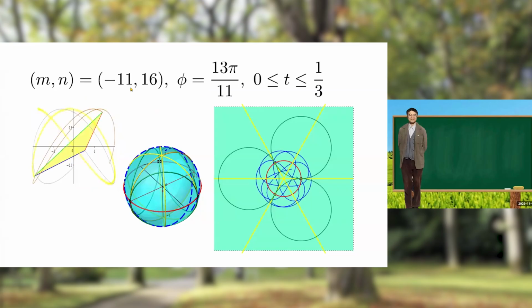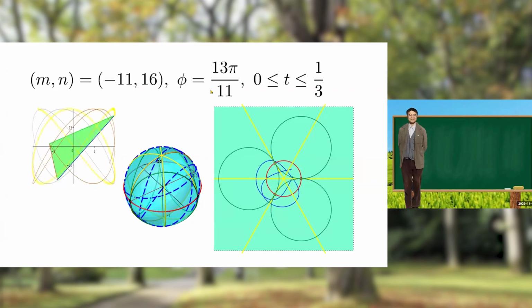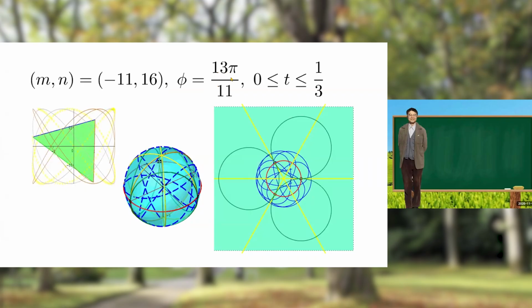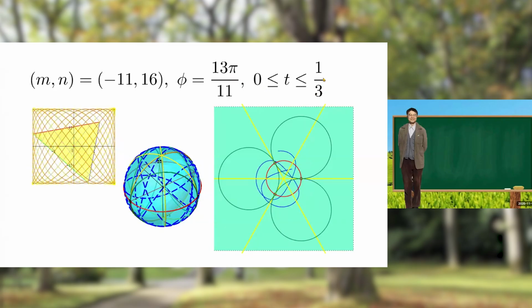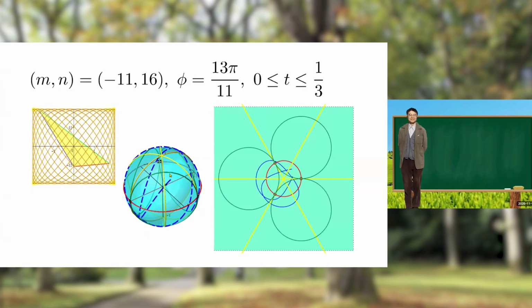In this case, the parameters are minus 11 and 16, the phase parameter is 13 pi over 11, and time runs from 0 to 1/3. Then the triangle dances like this, and the orbit on the three-punctured sphere looks like this.